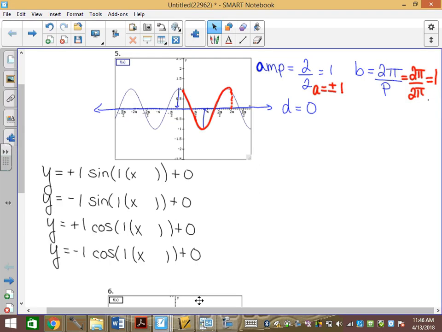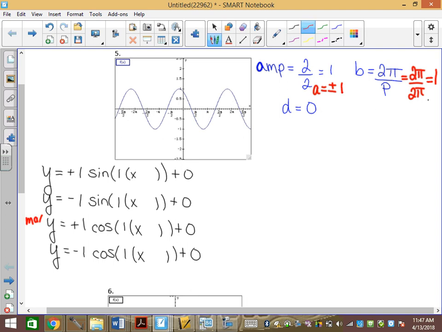Is our maximum on it? No. Our maximum is actually to the what? Right or left? It's to the left. So I know at the very minimum, because I'm going to look for my max to get my C value here, this is going to be x plus C. Why? Because it moved to the left.